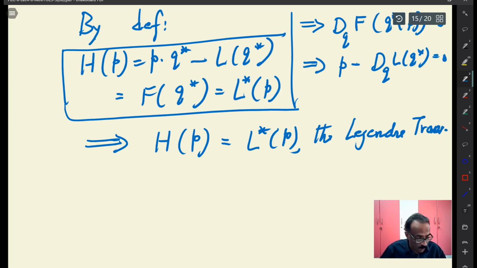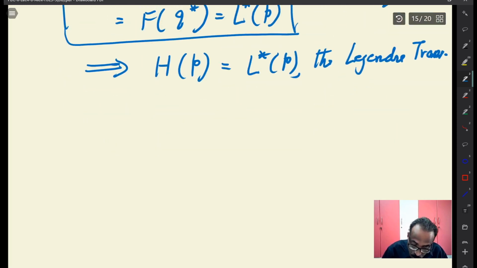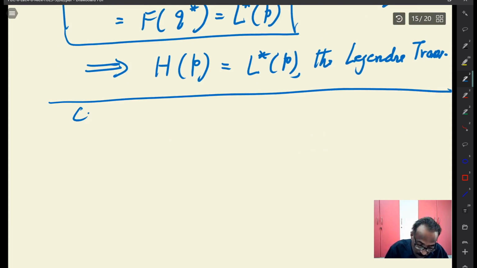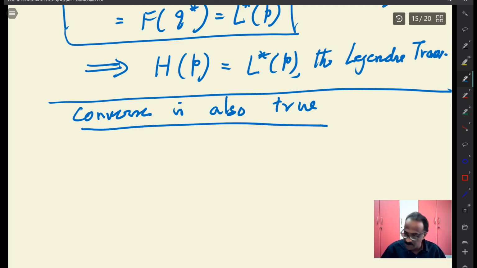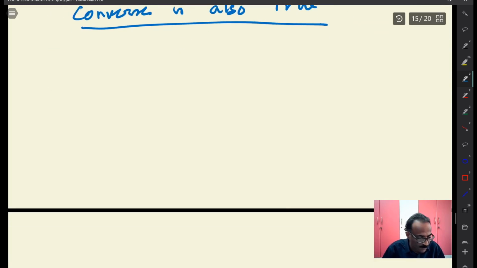That's what you are. What I am having is that the converse is also true. So let me state the theorem here. Converse is also true. Maybe I will try to state the theorem and give a quick proof of it. Theorem.